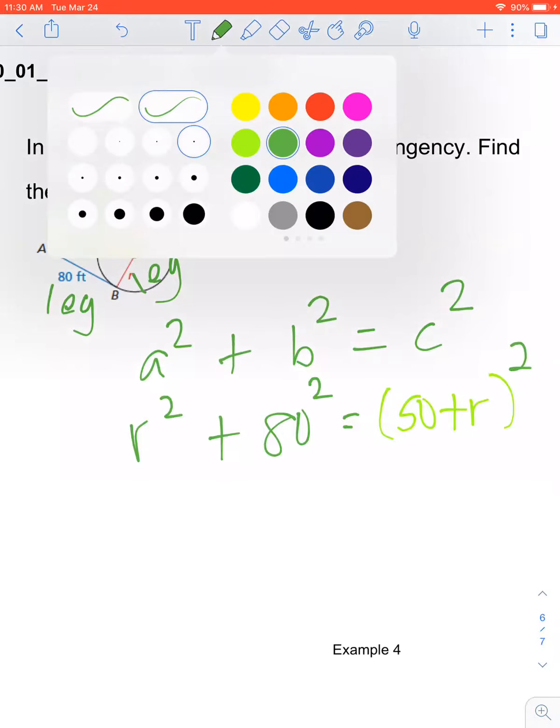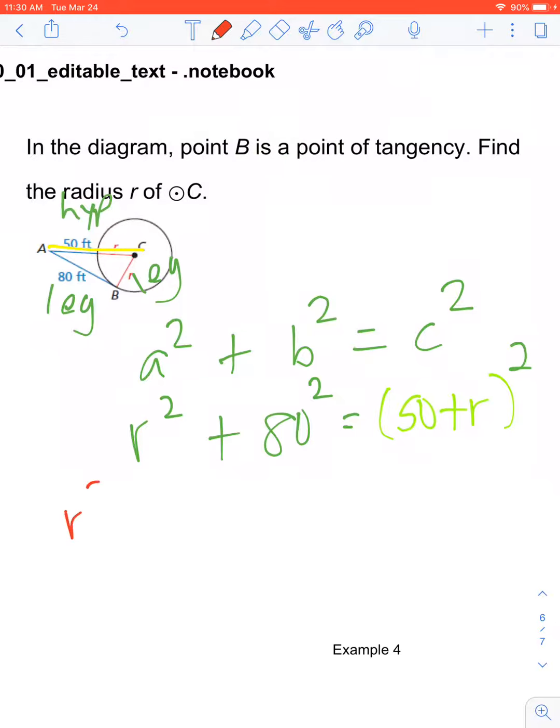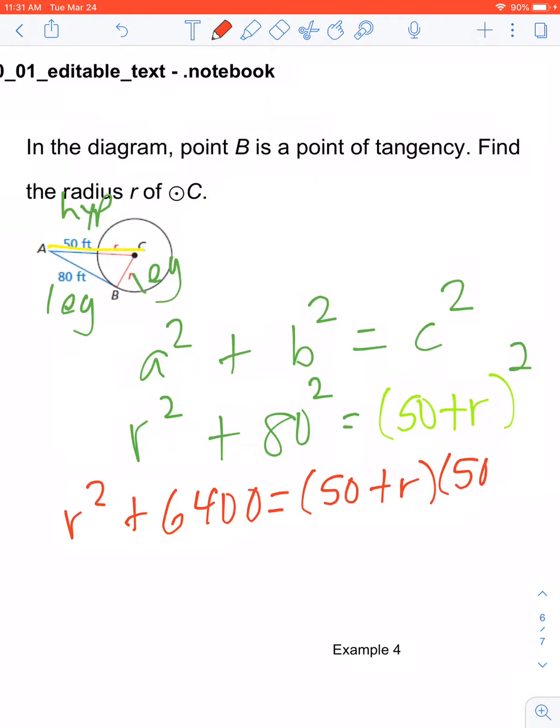So what does this mean when we solve it algebraically? Well, I have R squared, and 8 squared is 64 with two zeros. And this means I have 50 plus R times 50 plus R. I can't just square the 50 and the R.